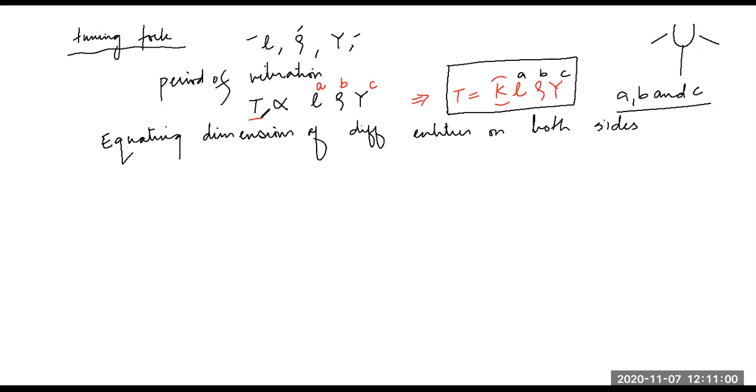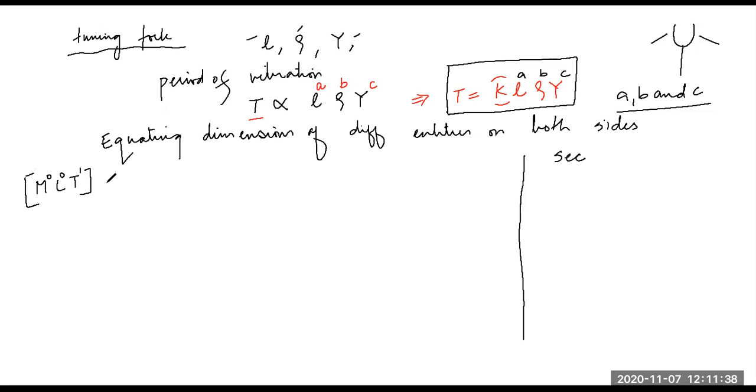So may I ask Ishma, what is the dimension of the time period, the period of vibration? T is time, so we can say M raised to power 0, L raised to power 0, T raised to power 1, because it's the time period and the unit of time period is second.